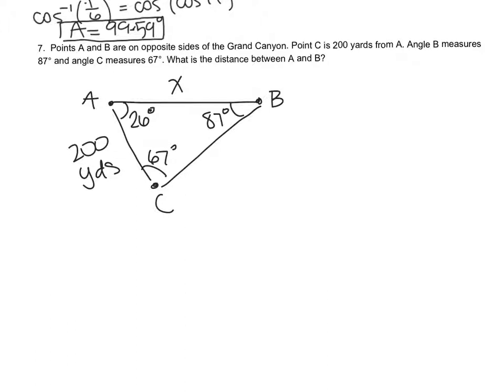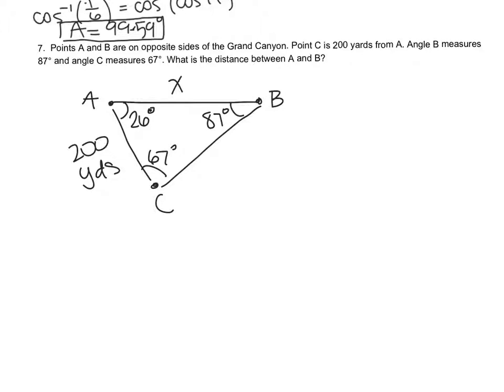So we were trying to determine between law of sines and law of cosines. With law of cosines, you have to either be given all three sides or two sides and an angle. And in this case, we're only given one side. So we're going to go ahead and use the law of sines to solve for the distance between A and B.